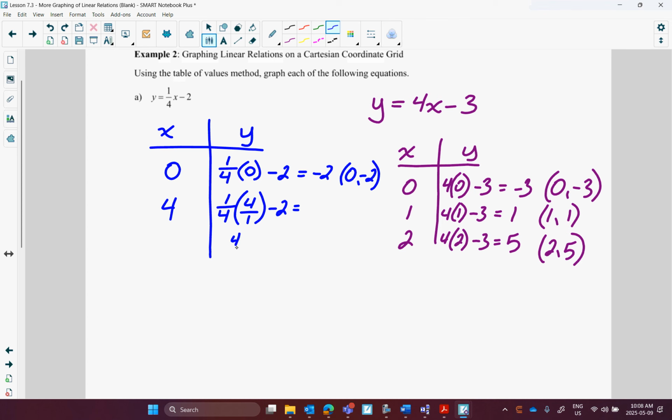So this is 4/4 minus 2, but that means the same thing as 1 minus 2, which is what? -1. So that's another point. So do you see that if we chose 1, 2, or 3 in this case, we get a fraction? We don't want fractions. What do you think the next value of x you choose? Follow the pattern. 8.